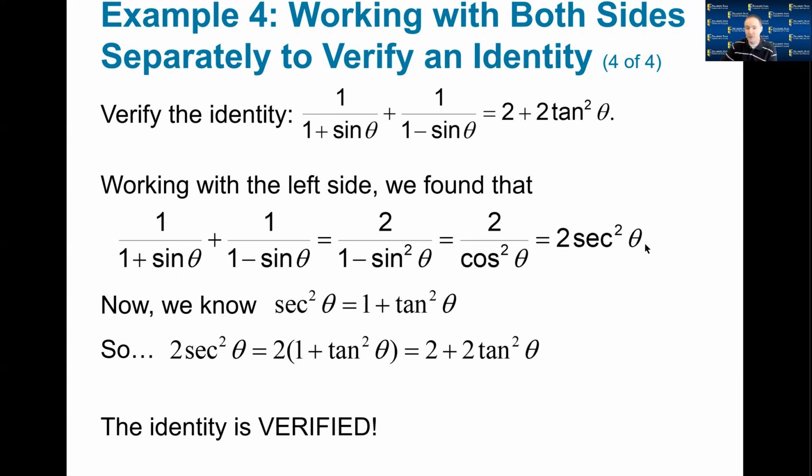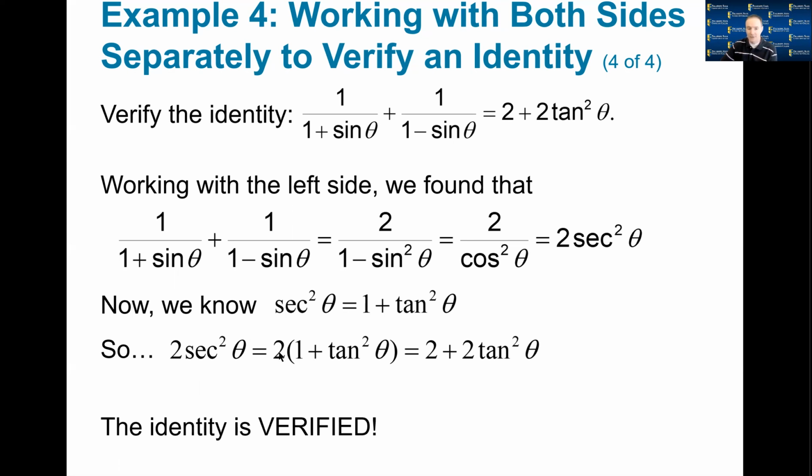Now, yet again, I'm going to use one of our trig identities. We know that secant squared theta is equal to 1 plus tangent squared theta. That's the second Pythagorean identity solved for secant squared. Well, think about what happens if you plug a 1 plus tangent squared into the place of secant squared in this verification.